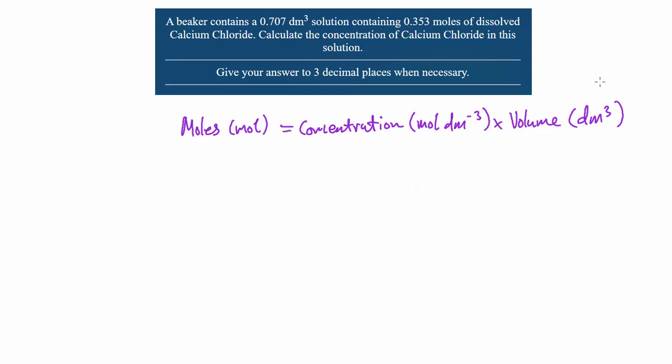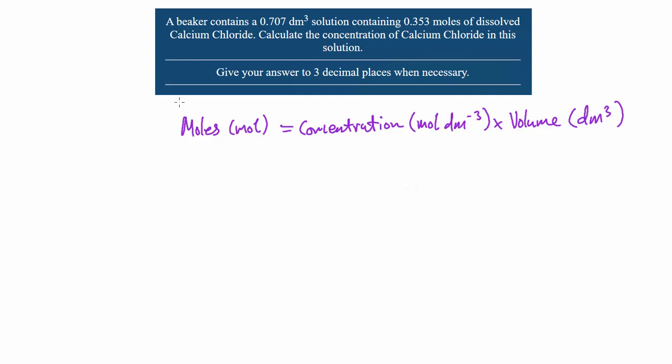When we look at this, we know we're aiming for the concentration, right? So if we first of all make concentration the subject of this equation, I'll do that by dividing both sides of the equation by volume.